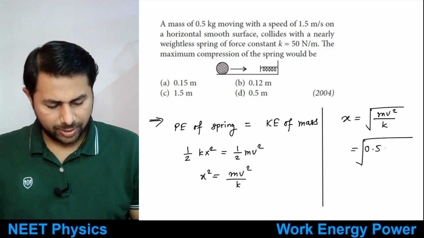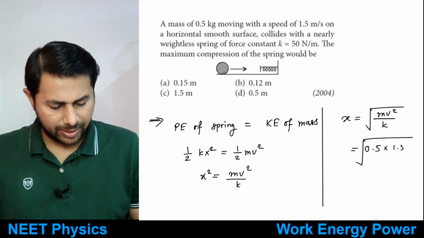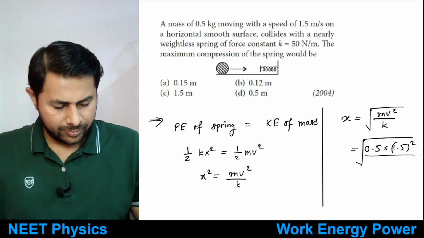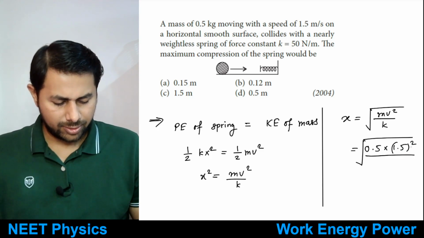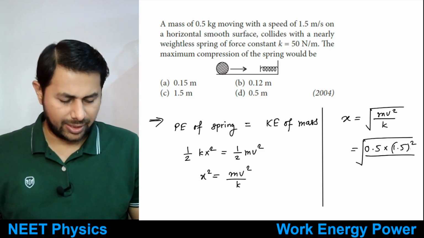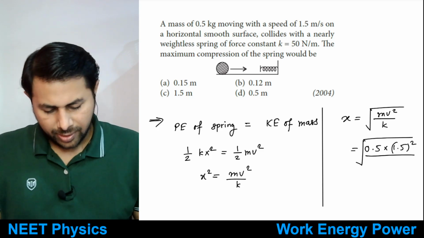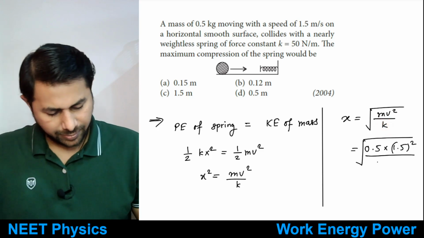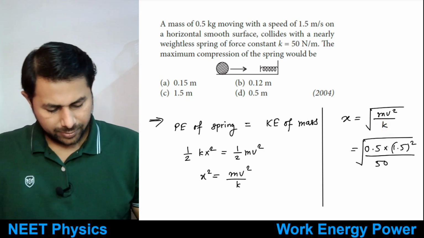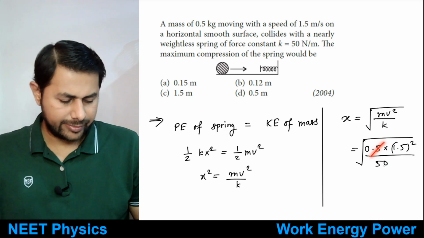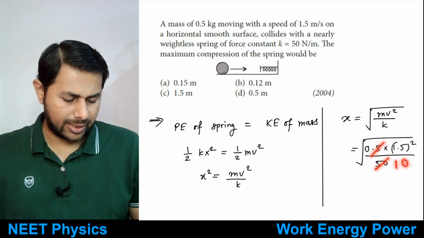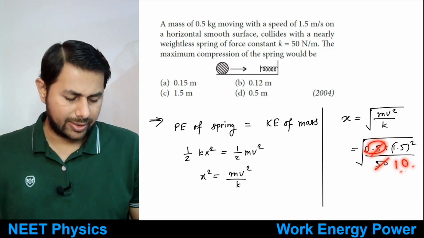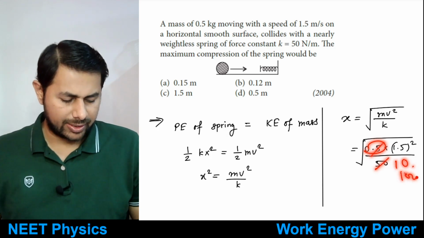So mass is 0.5, v square means 1.5 square, divided by k. Or we could just take v outside: square root of v square, 0.5, and divided by, in denominator you have 50. So this thing gets cancelled and 10 will be left. Then 0.1, 10 divided by 0.1 means 100 in the denominator.